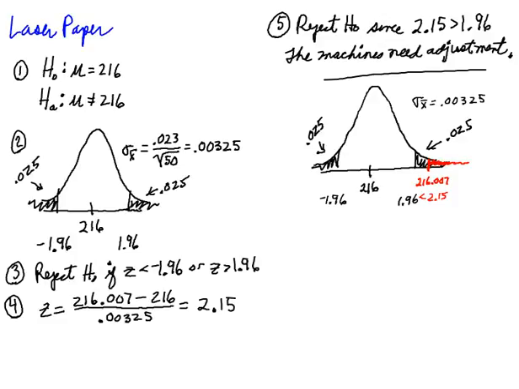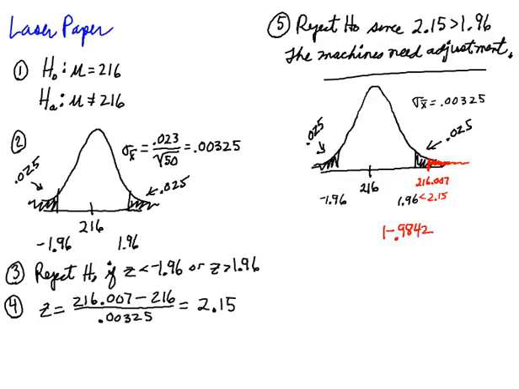To do that, I need to go to the standard normal table with my 2.15. And remember, the standard normal table will give us the probability to the left of the 2.15. So to get this upper end, I'm going to have to take the table value away from 1. The table value for 2.15 is 0.9842.